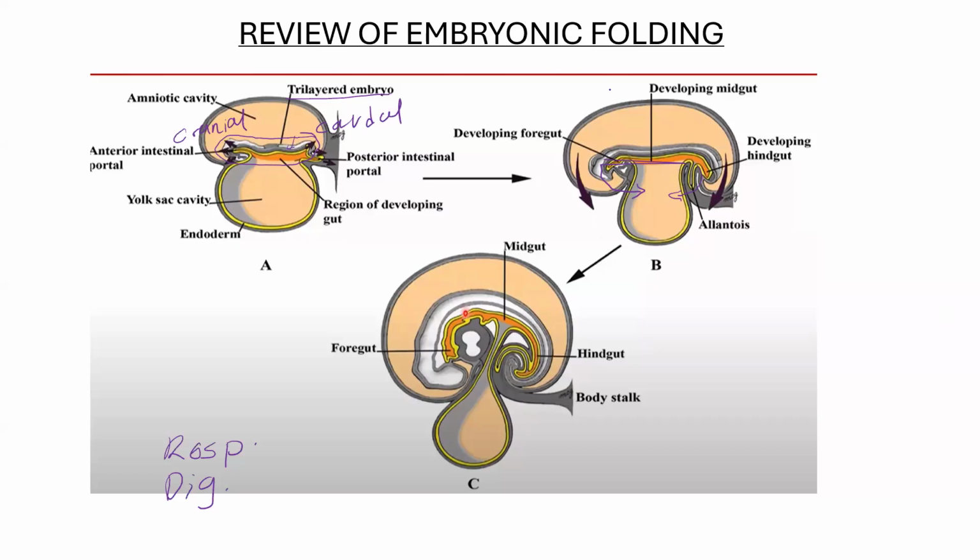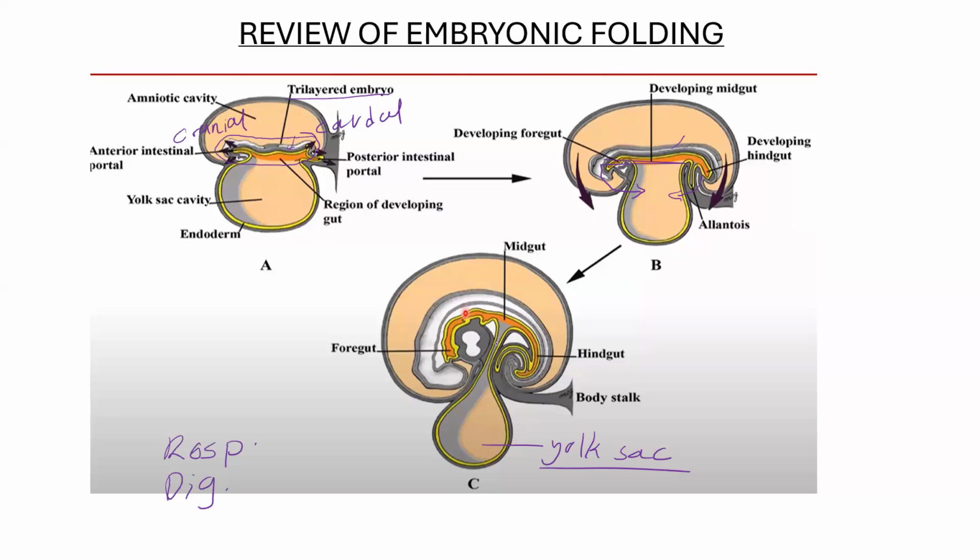So let us discuss this. During this craniocaudal folding, the dorsal part of the yolk sac, remember, this is the yolk sac, is incorporated into the embryo, whereas the ventral part is left out.